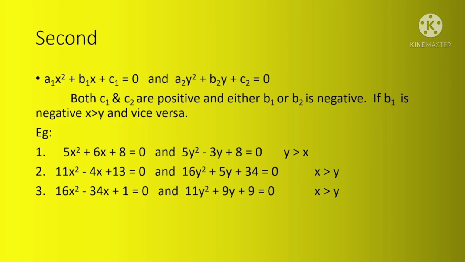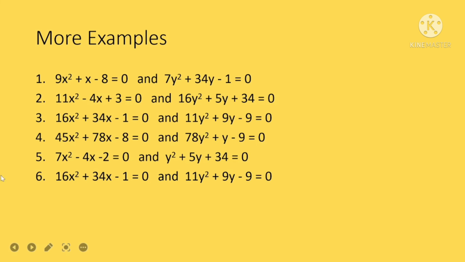See the conditions: both C1 and C2 must be positive, and only one of the parameters B1 or B2 must be negative. If both are negative, we cannot apply the second principle, and C1 and C2 must also be positive. But in this fifth example, C1 is negative, hence we cannot apply the second principle also.